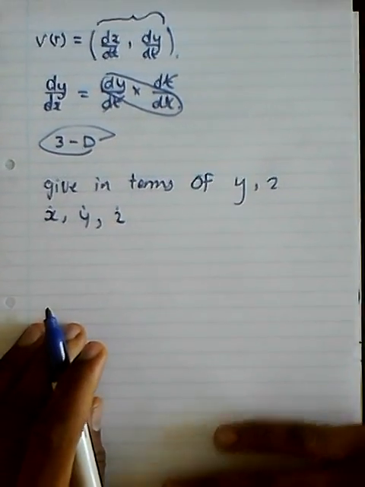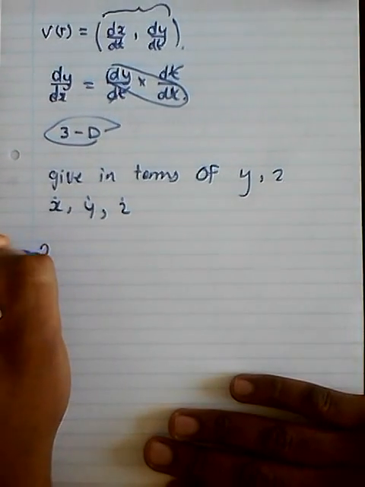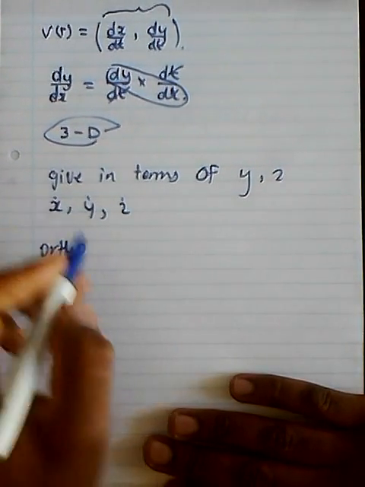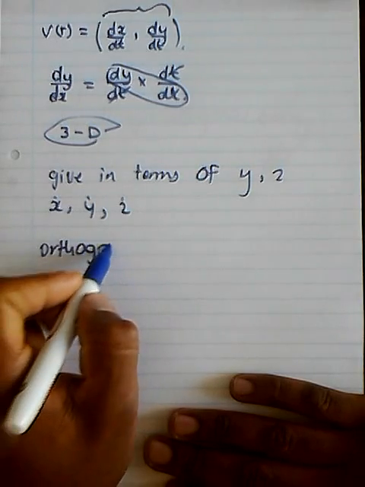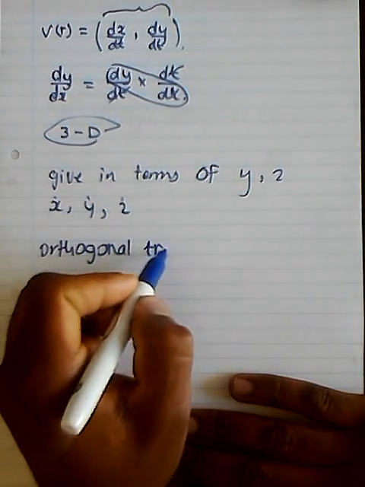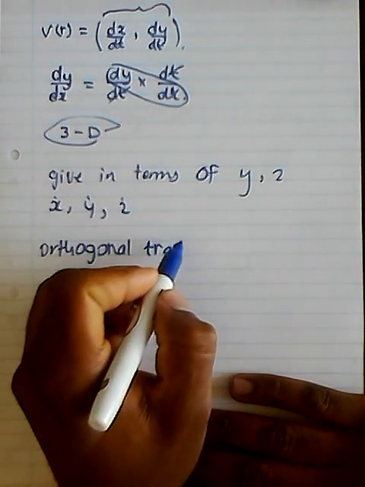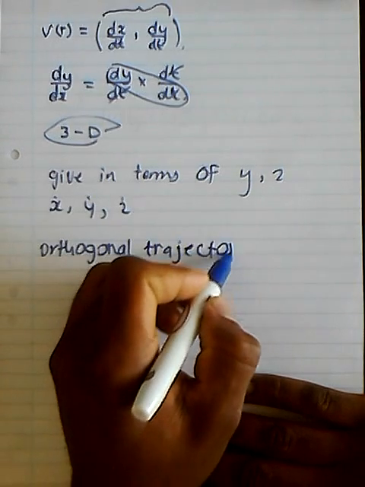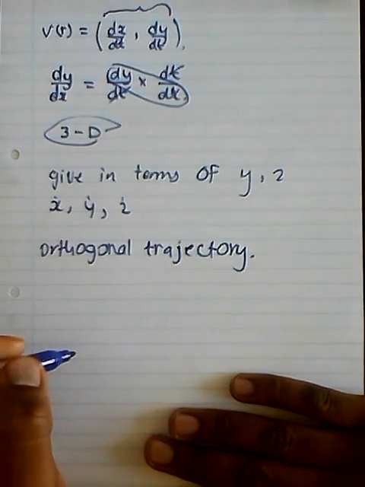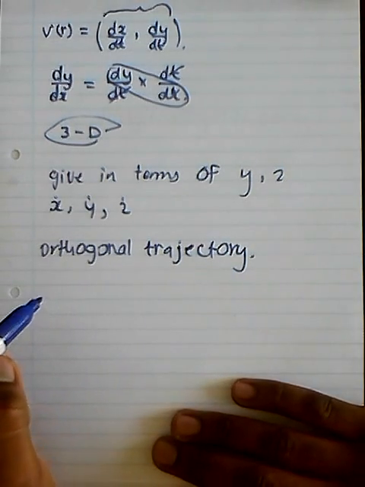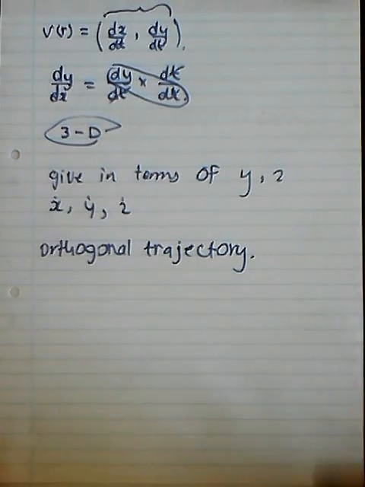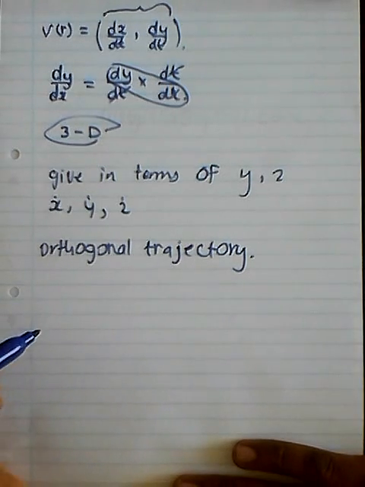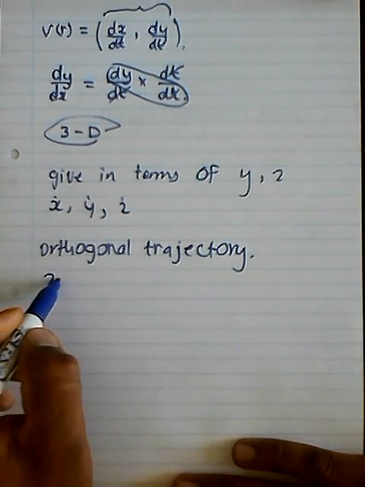Now we go on to orthogonal trajectory. With orthogonal trajectory, we will only be determining orthogonal trajectories in 2D.